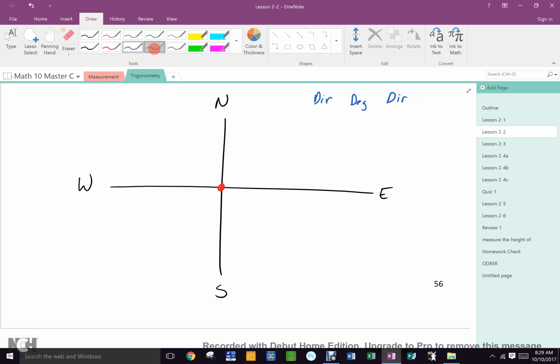So it would look something like this: North 49 East. What this means is this is where you start, and this is your adjustment. So what that says is you start walking north, but you adjust 49 degrees to the east.